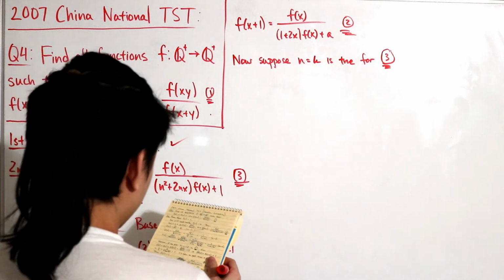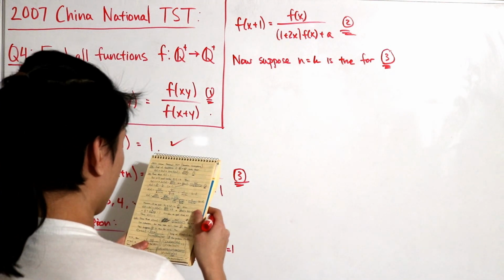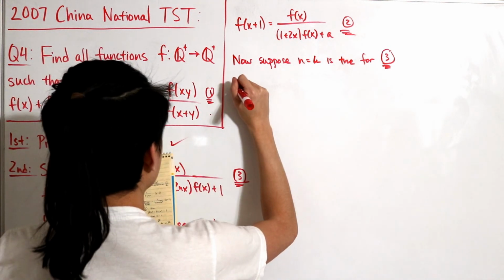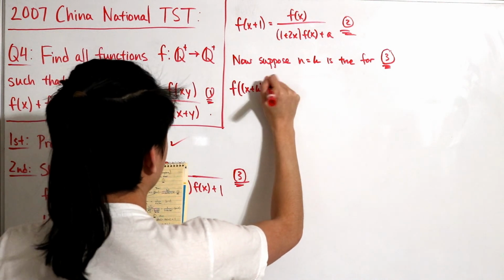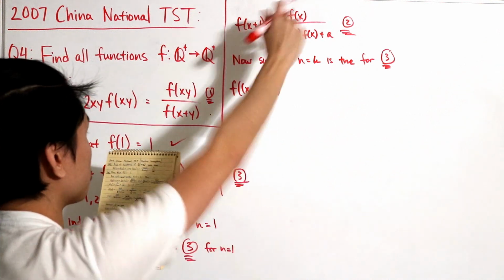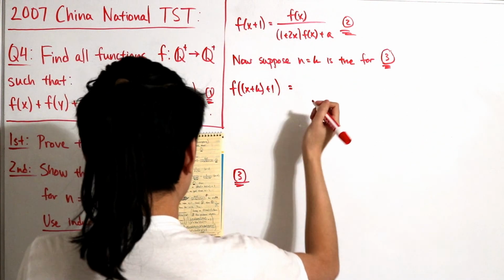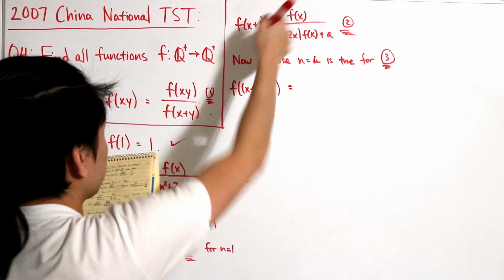The way we can actually group this: we have f of x plus k, which is already grouped on its own, and then add this with 1. We can go back to number 2 and simply replace that x with x plus k and plug it back in.